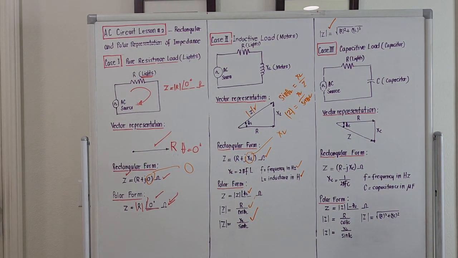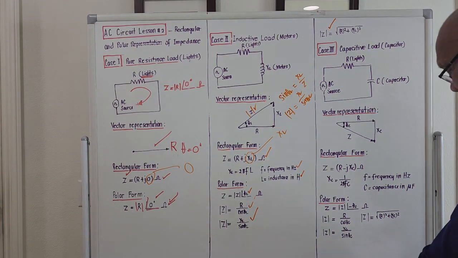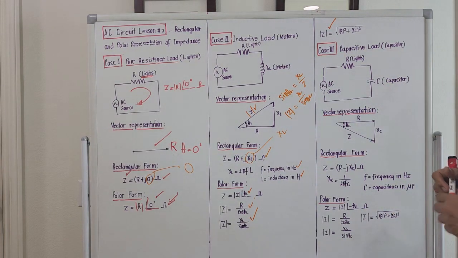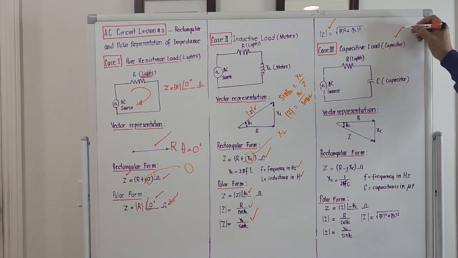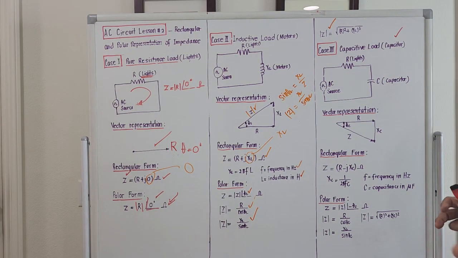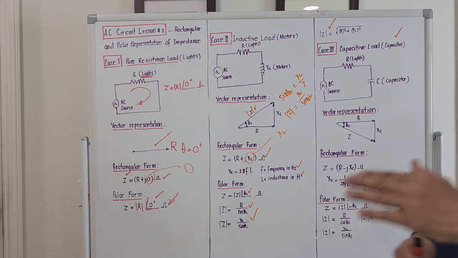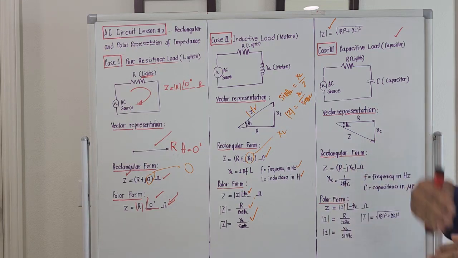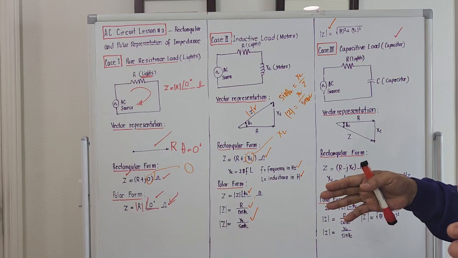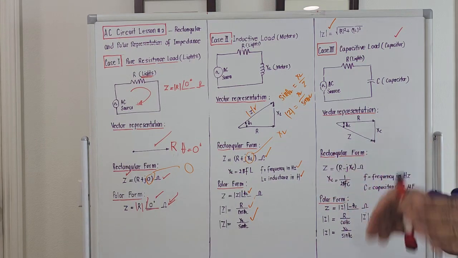For case number 3, if the load is capacitive, it will be capacitors. But sometimes there is a load, a motor, which if we overexcite it, will act like a capacitor. That's the one being proposed by Elon Musk, to minimize your current consumption.